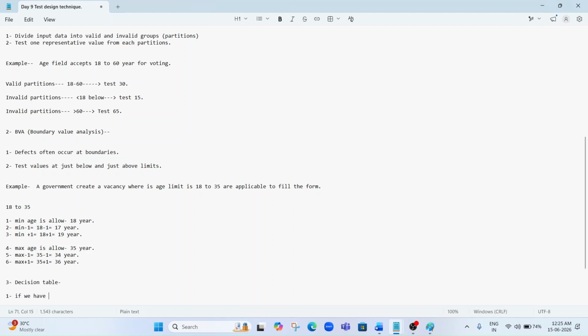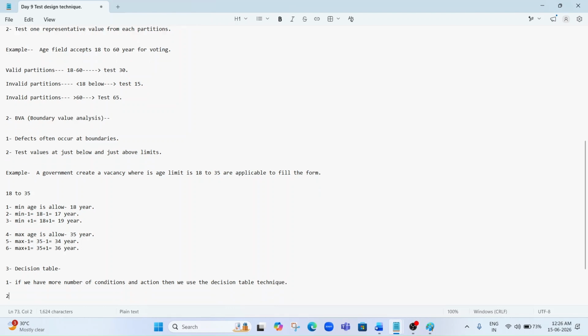If we have a large number of conditions and actions, then we use the decision table technique. It is also called cause-effect.